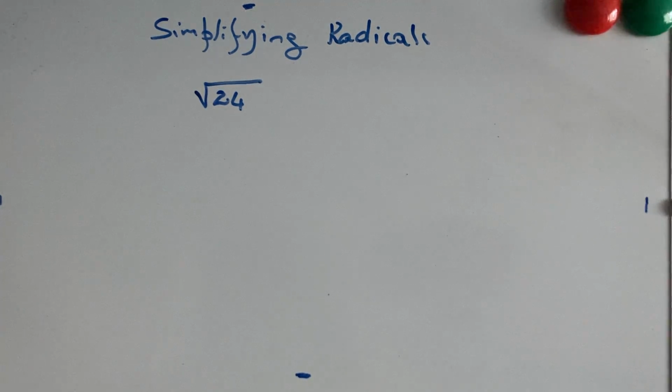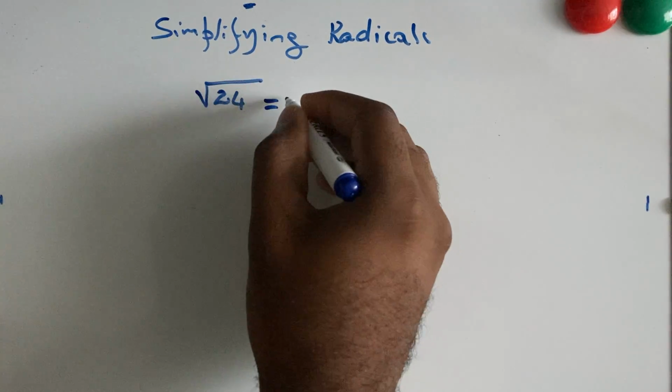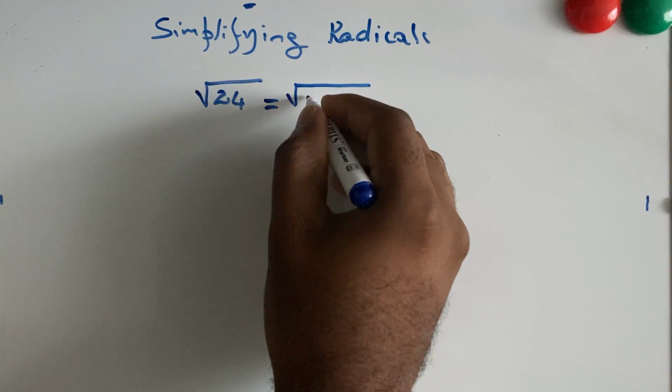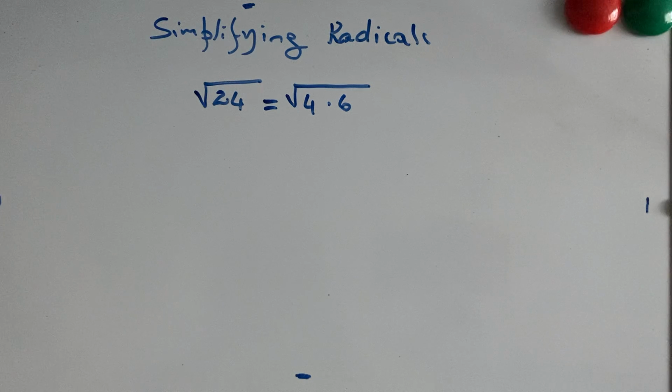Well, I don't know any number times itself, or any number squared, that could give me 24. So it seems like there's a problem, but no, there's no problem. You can still break this down because you know 24 is actually 4 times 6.